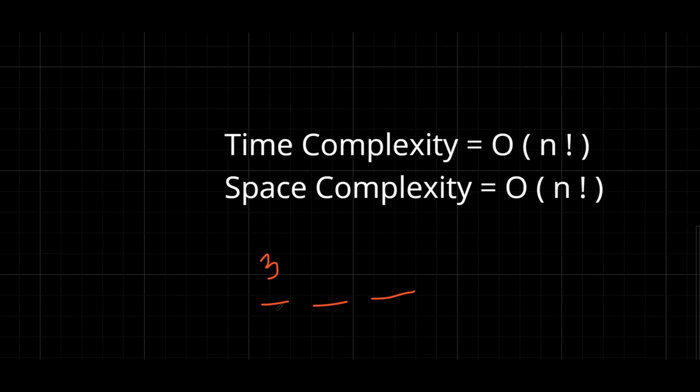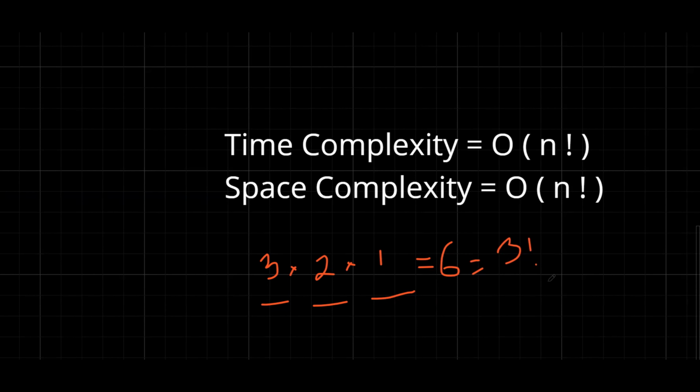After placing one element in the first position, for the second position we have 2 choices, and after placing 2 elements in the first 2 positions, for the third position we have only 1 choice. So total choice is 3 times 2 times 1, which is 6. So we can say that in the worst case, the time complexity is big O of n factorial because 6 is equal to 3 factorial, where 3 is the size of the vector.